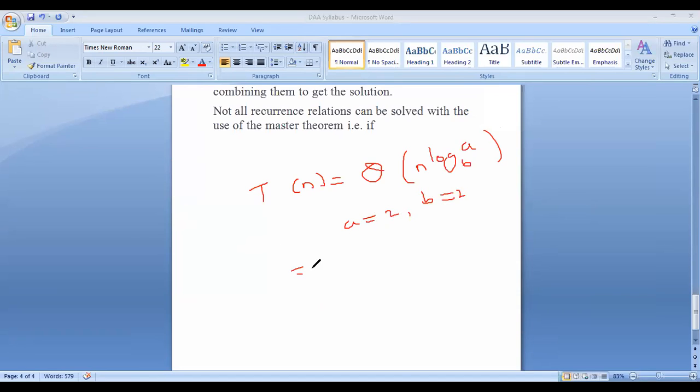So that is log 2 to the base 2, which is 1, so we get the value theta of n. In this way you have to calculate using the Master's theorem. Just remember these three conditions.